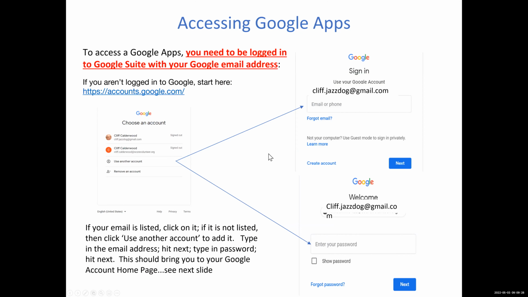How you get to Google Apps is pretty straightforward. Many of you will get there by signing into your Gmail account. The other way of getting to your Google Apps is to use accounts.google.com. I'll do a quick demo of how to log in in case anyone needs that who's new to this.